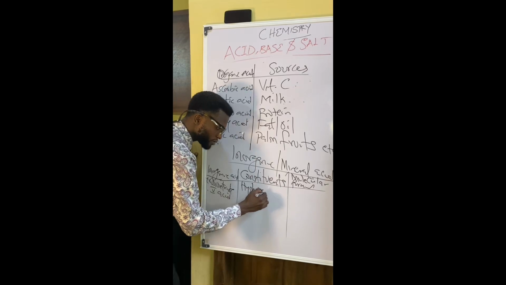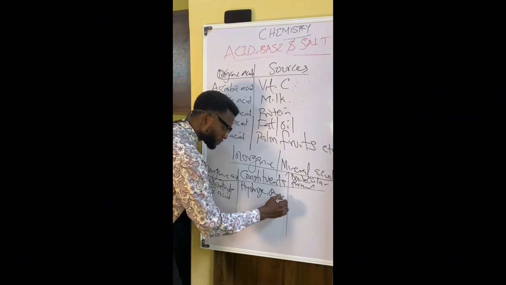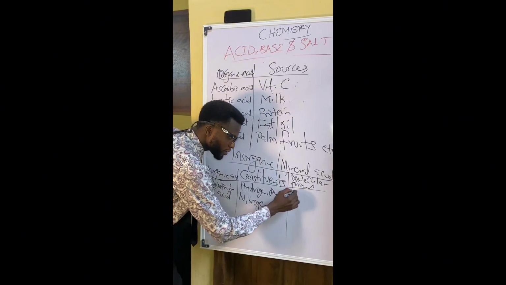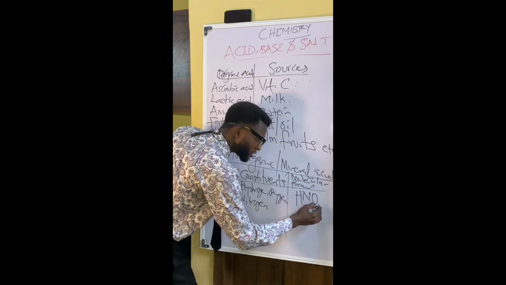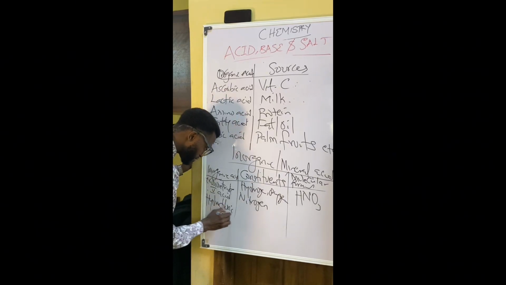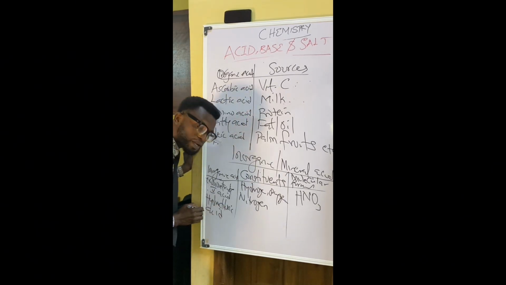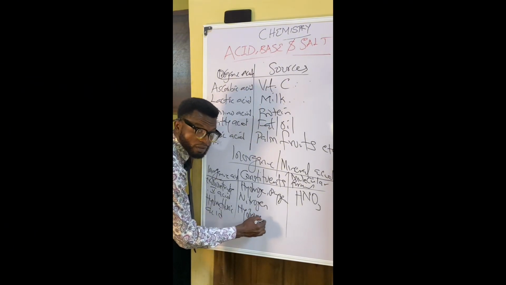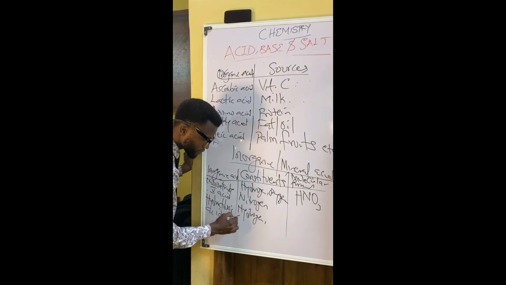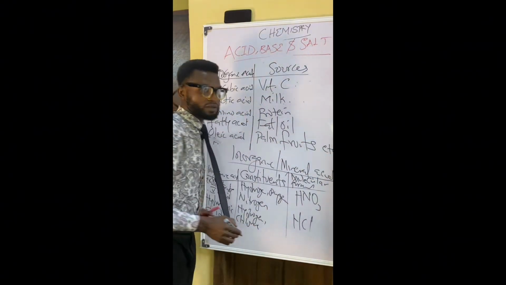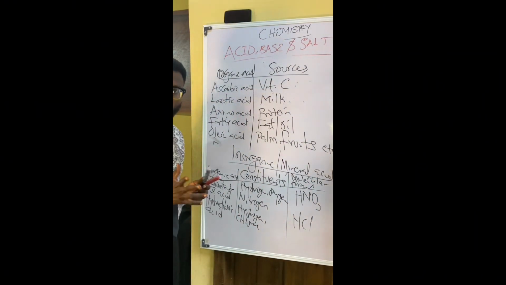Hydrogen, oxygen, and nitrogen. And what is the formula? HNO3. Then we talk about hydrochloric acid. What are the constituents? Hydrogen and chlorine, and the formula is HCl, and so on.